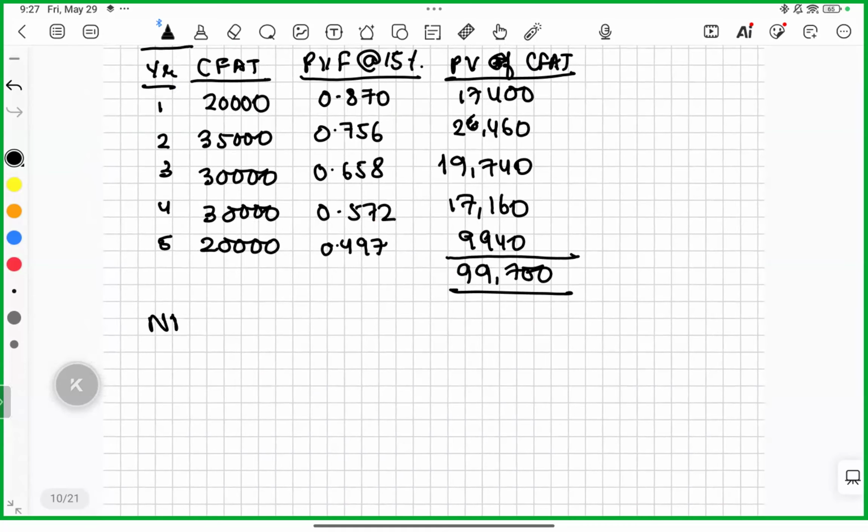Now let us find out NPV at 15%. NPV at 15% is 99,700 minus, sorry, it is not 99,000, it is 90,700 minus 1 lakh. Let me just cross check.